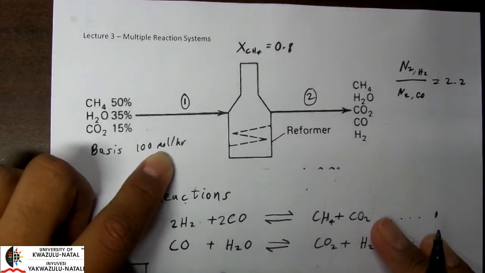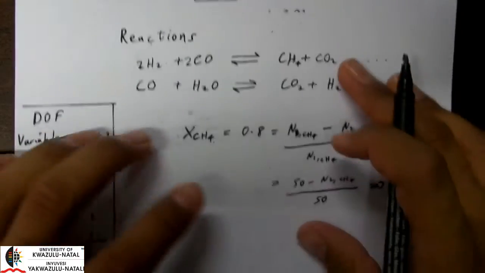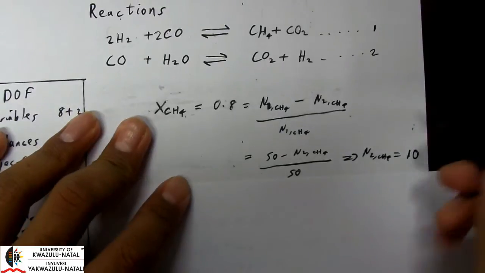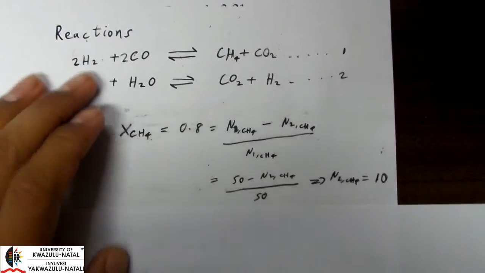Using our basis, we know that our N1 of methane will be 50 moles per hour. So we can easily get our N2 of methane.